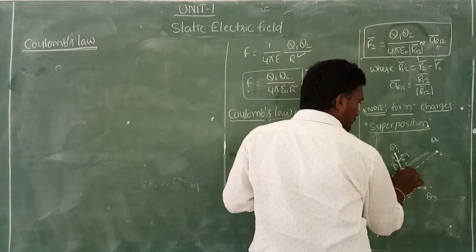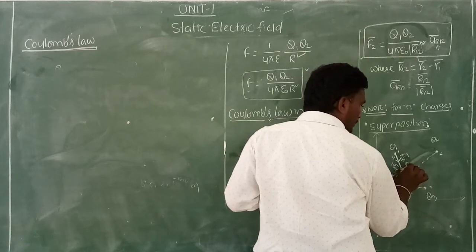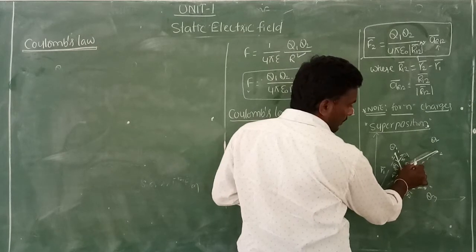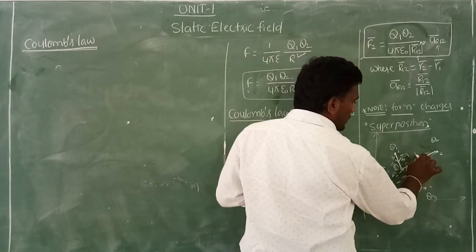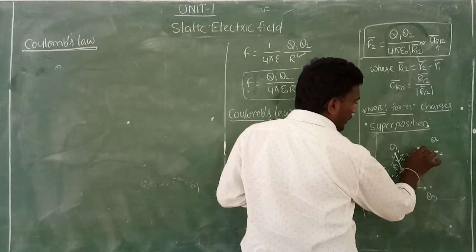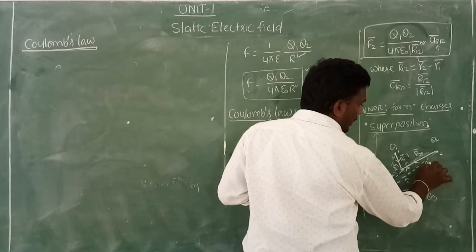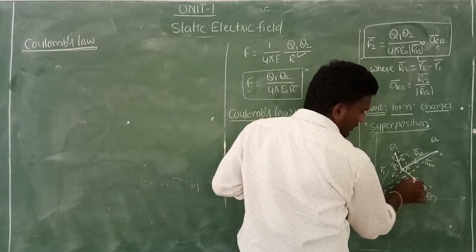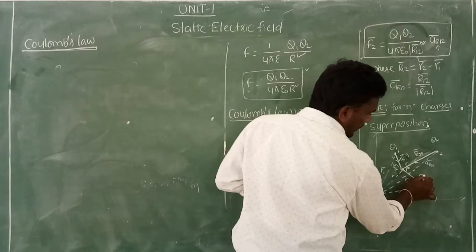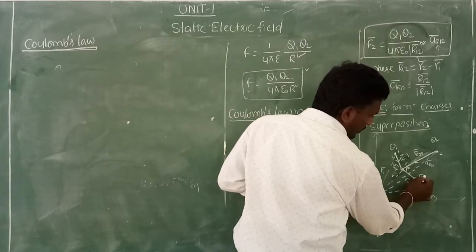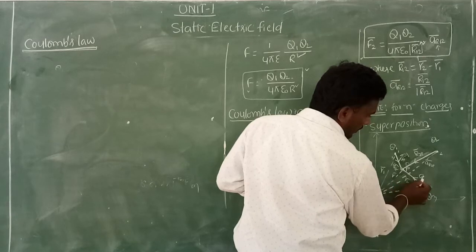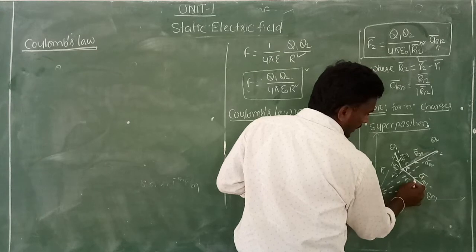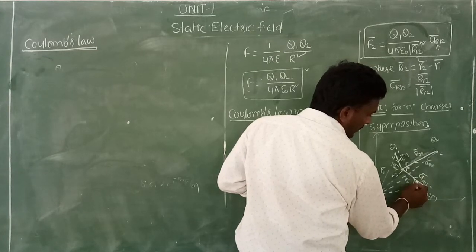Similarly, for the force exerted on Q due to Q2, the distance is R2P bar and the direction is a R2P bar. Similarly, for the force exerted on Q due to Q3, the direction is a R3P bar and the distance is R3P bar.